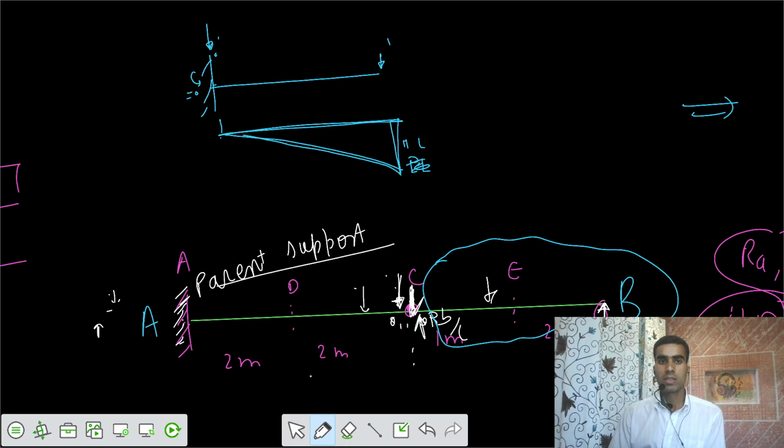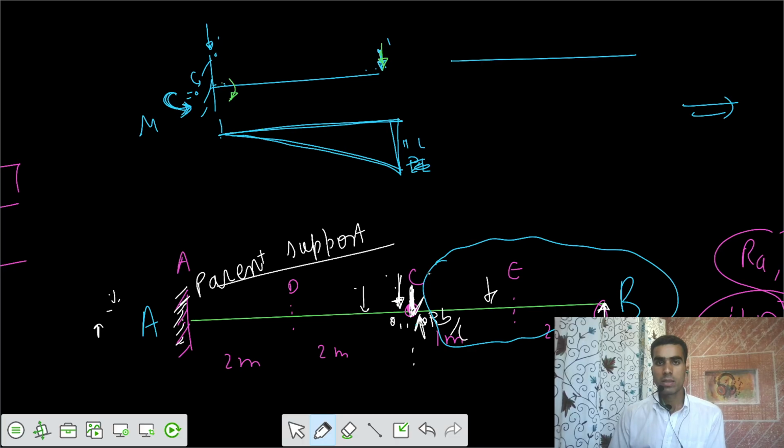The moment developed is in this fashion, but about this point, this is your resisting moment. This one is trying to rotate it in the clockwise manner.